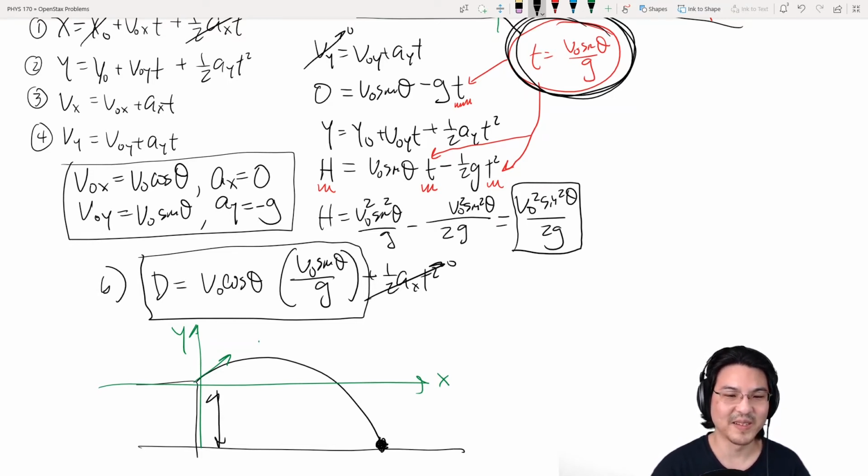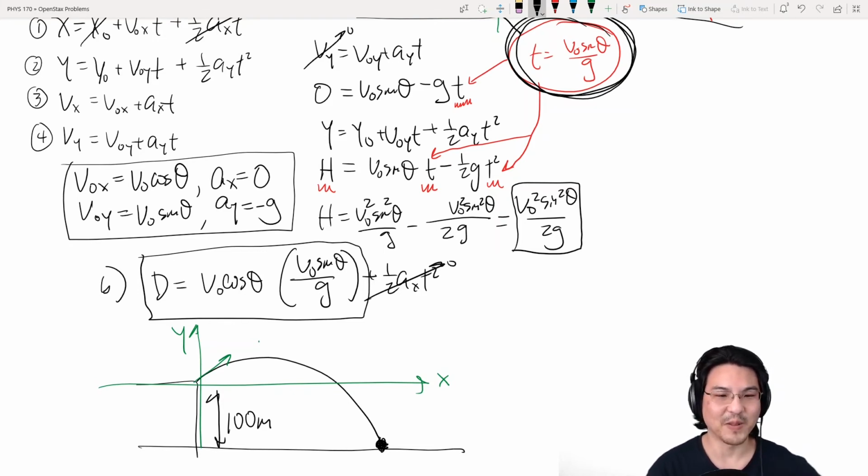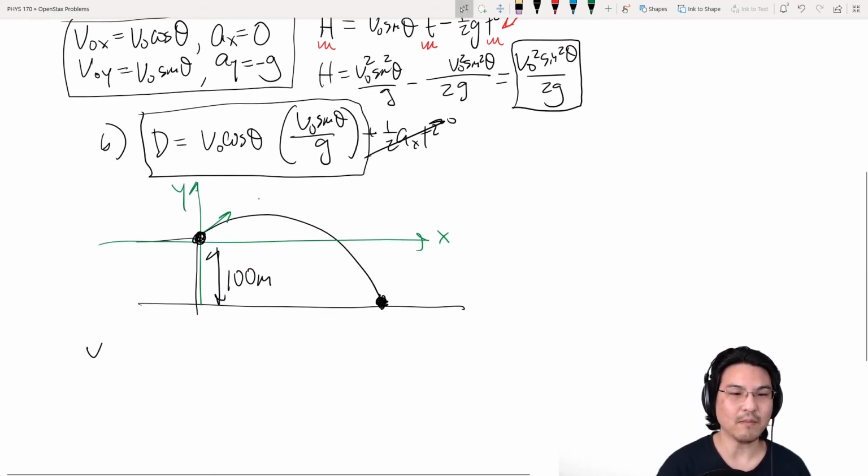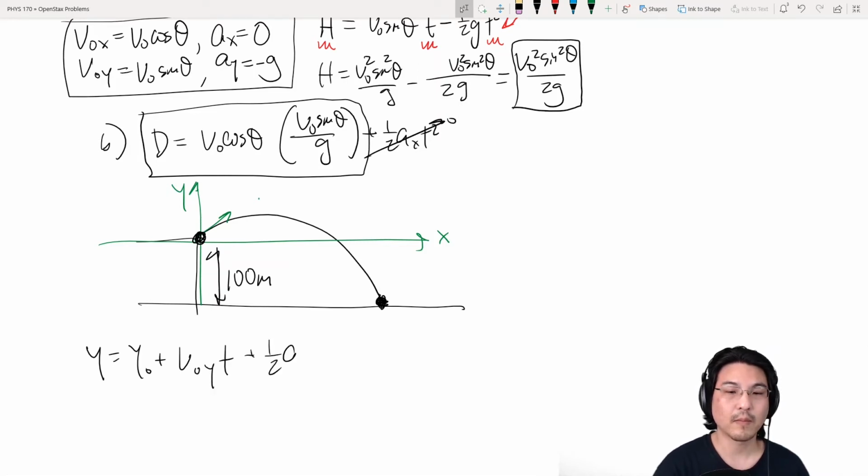The cliff was 100 meters high. So if the origin is here, we know the vertical position went from 0 down to negative 100. So that's right here. That formula, let me jot that down. And this is negative 100, right? That's where it lands over here.